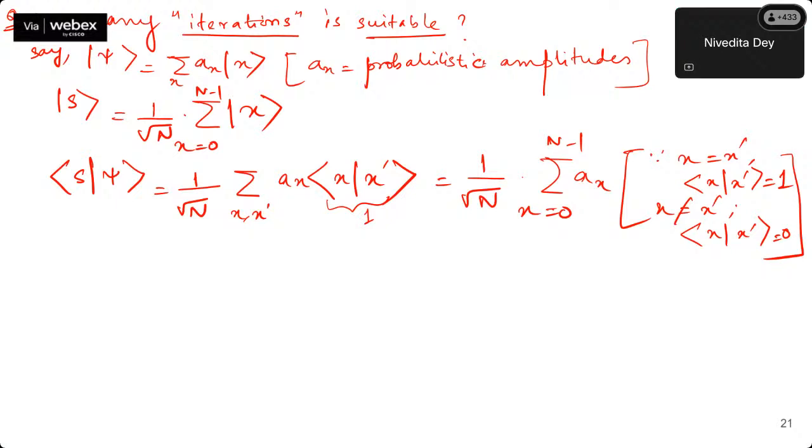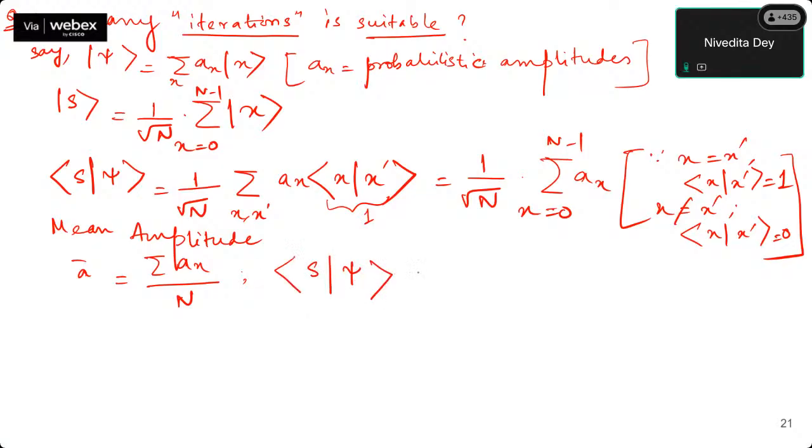Now let me calculate the mean amplitude. Mean amplitude means average amplitude. Let me write it as a bar, which is nothing but sigma ax by n. Then the product of s and psi is 1 by root n sigma ax, and a bar is sigma ax by n. So I can write it as root n by n, sigma ax, x equals 0 to n minus 1.